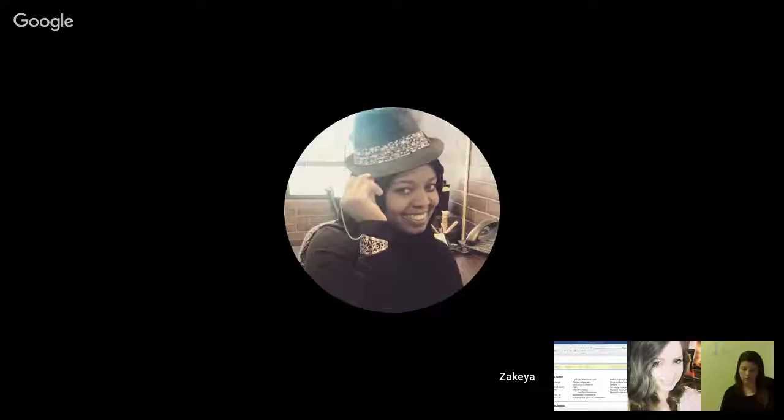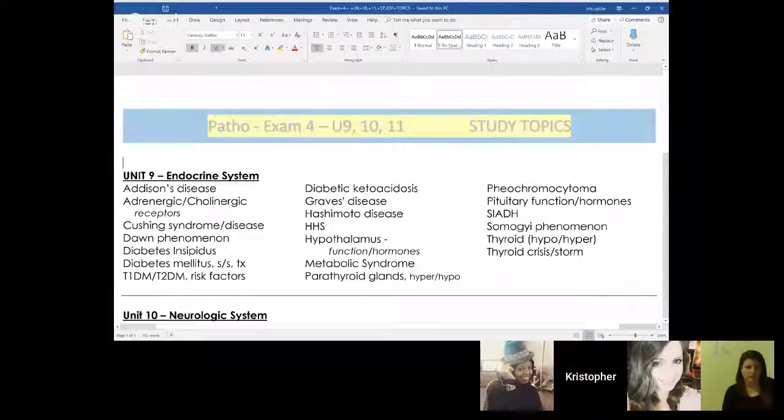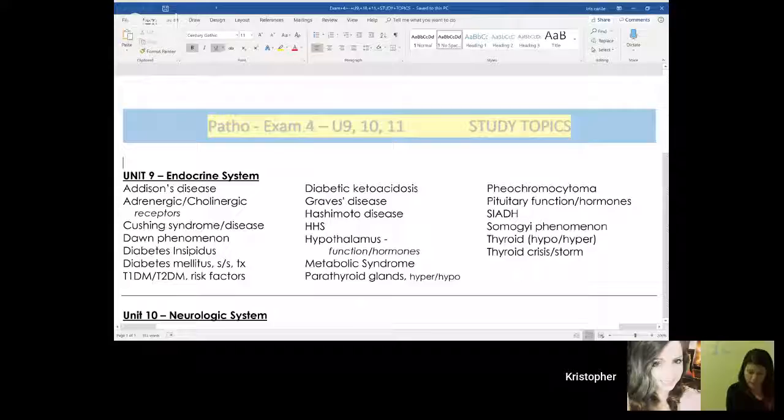It's the adrenergic side, isn't it? So Addison's and Cushing's live on the cholinergic side, or the adrenal cortex side. And then pheochromocytoma lives on the adrenergic side. That's a tumor of the adrenergic side of the adrenal system.